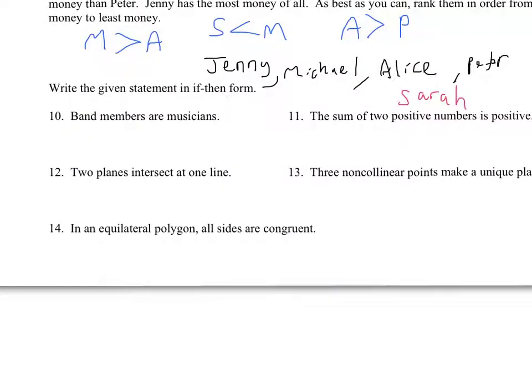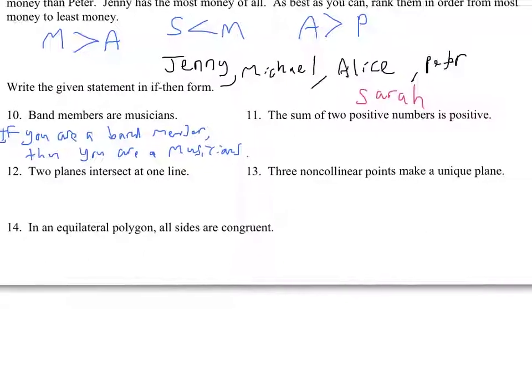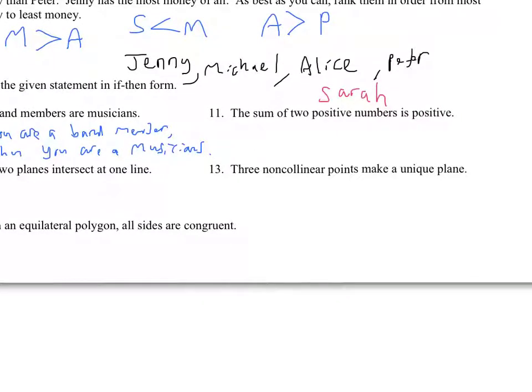Alright, write the given statement in if-then form. Band members are musicians, so if you are a band member, then you are a musician. Usually we're going to just keep the sentence in the order that it's in, unless there's some key word that tells us it's actually in reverse order. So, number 11, the sum of two positive numbers is positive.